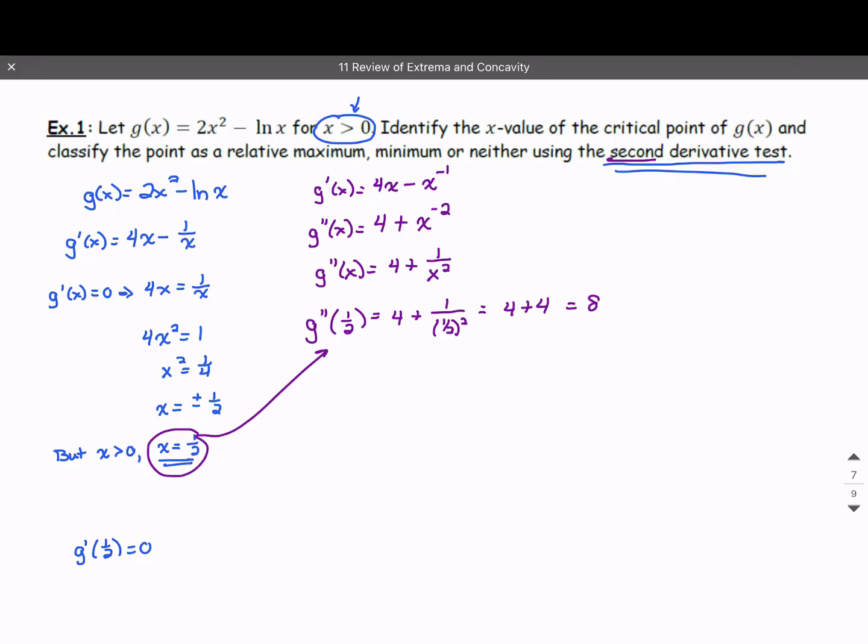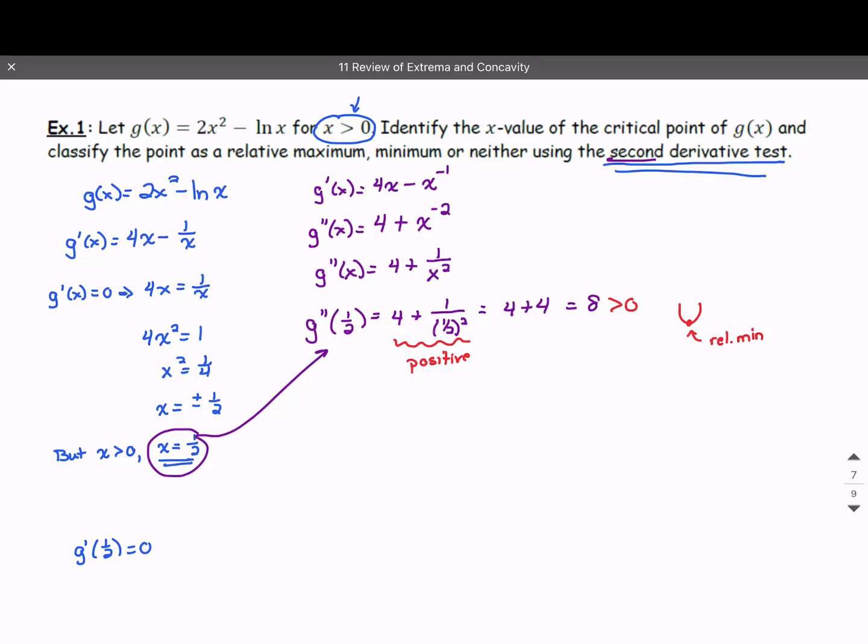But you could look right here and know that this is a positive number, right? Because you have 4 plus a positive 1 over a positive number being squared. You know that this is a positive number, which, remember, means that our function is concave up, which is going to give us a relative minimum.